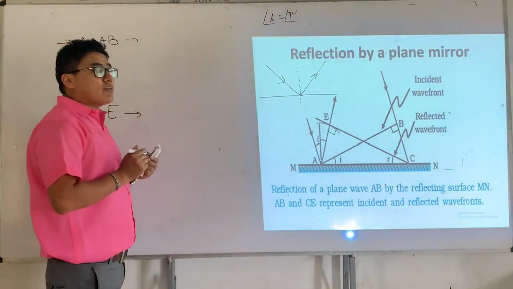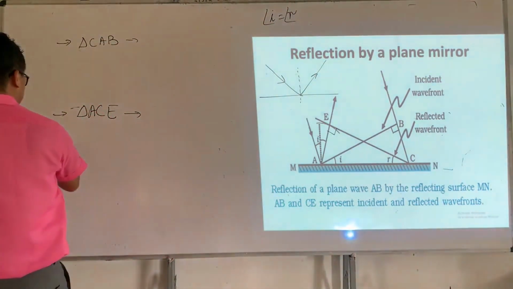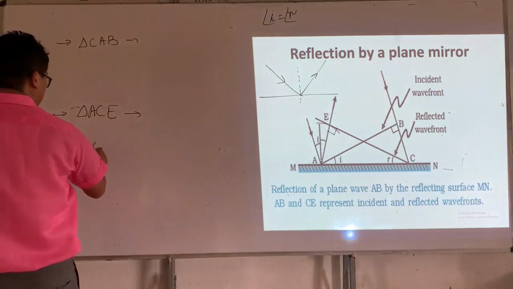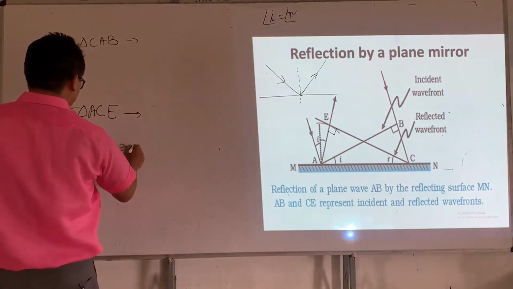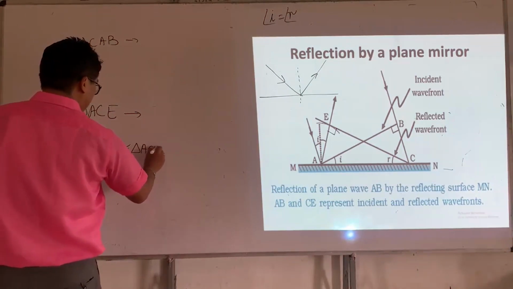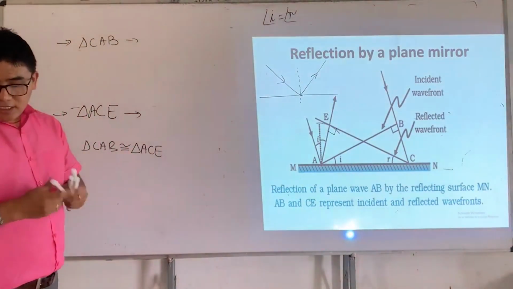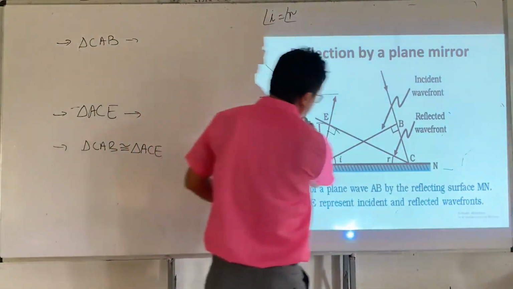What I'm going to prove is angle CAB is congruent with angle ACE. And how I'm going to do it is again very simple.